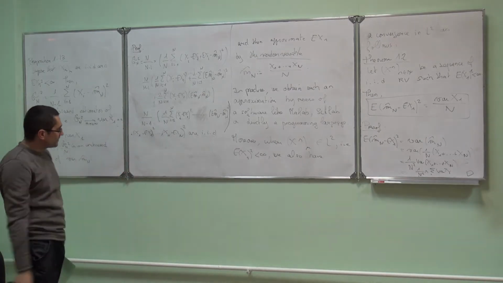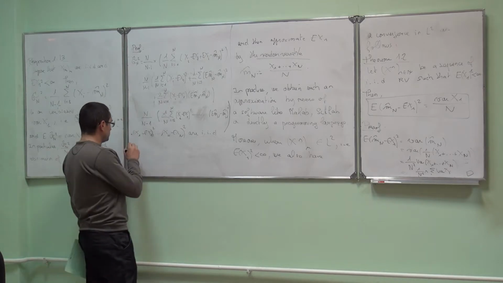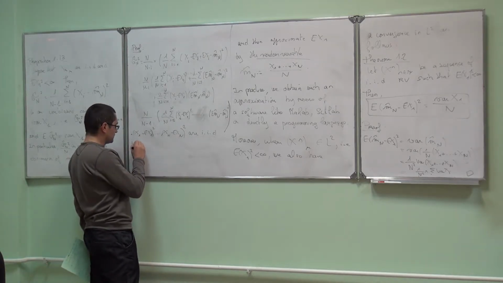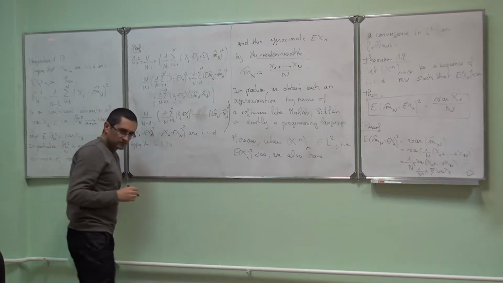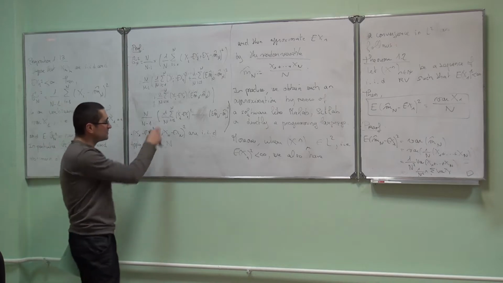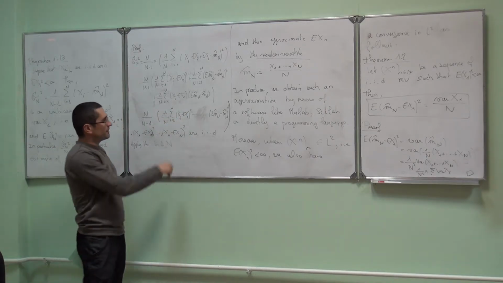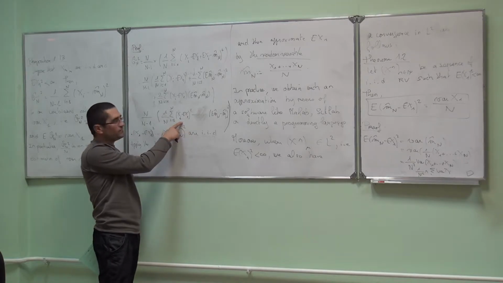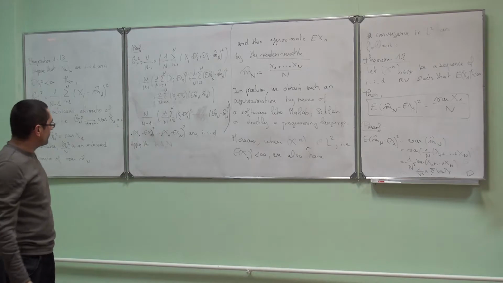Because of x1, ..., xn. Yes, so you apply the law of large numbers, and then you get this sum almost surely converges to the expectation of such random variable, that is precisely the variance of x1.